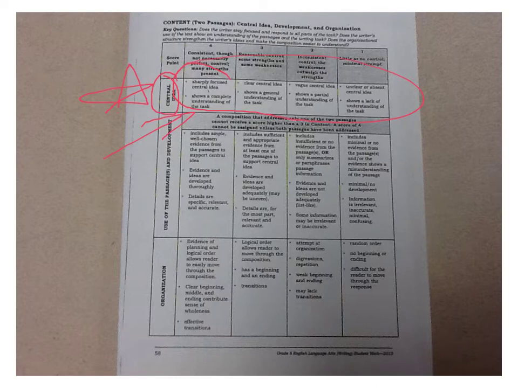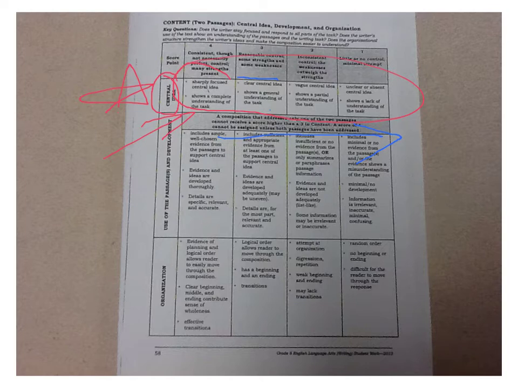You'll notice that as we move this way, 3 points is still good. It's reasonable control. You have some strengths, some weaknesses. You have a clear central idea, and you show a general understanding. But there's room for improvement.